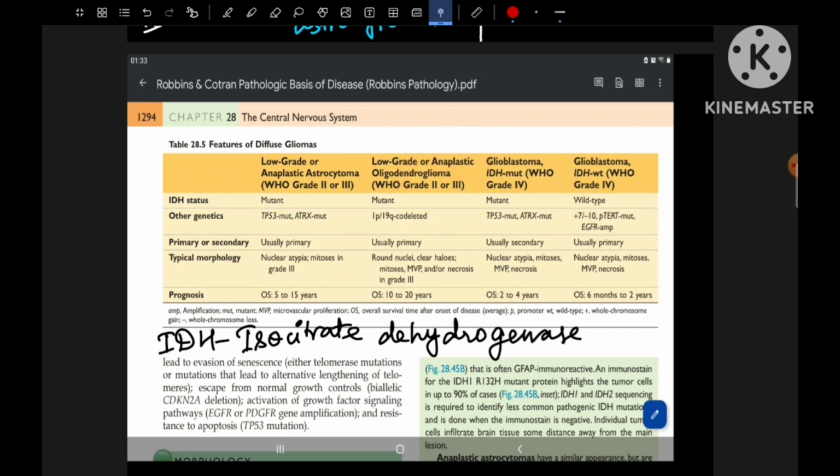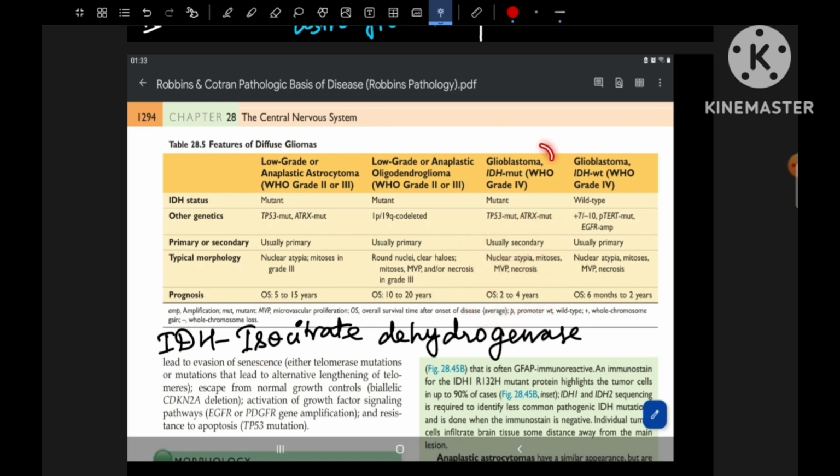In this you have to mainly notice that GBM has two varieties, IDH mutant variety and IDH wild variety. The IDH mutant variety is usually secondary, and it has a prognosis of 2 to 4 years.